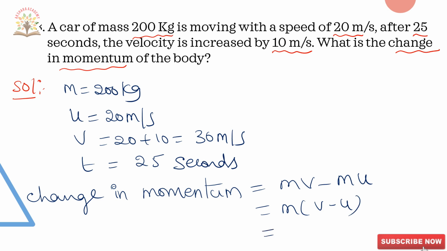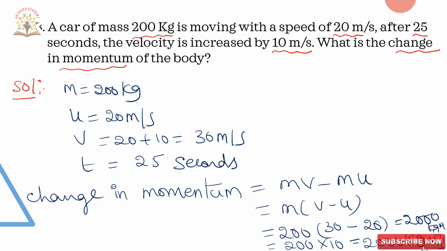Substituting the values, m nothing but 200, v 30 and u 20. 30 minus 20, 10. That is equals to 200 into 10. So that is equal to 2000 kilogram meters per second.